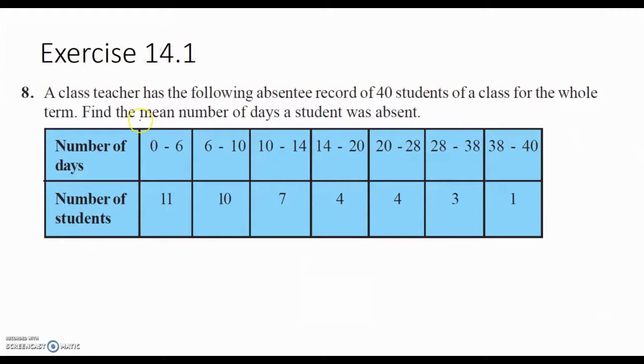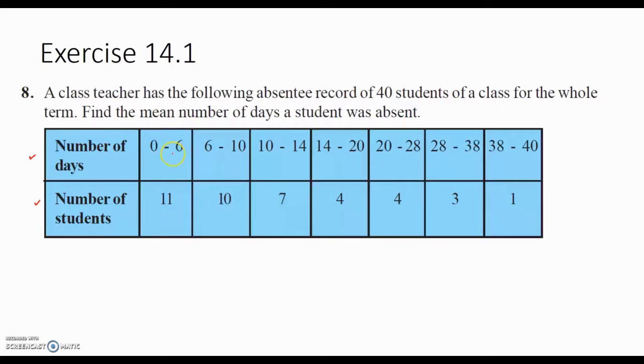A class teacher has the following absentee record of 40 students of a class for the whole term. Find the mean number of days a student was absent. We have been given the class interval as number of days, and number of students as the frequency.